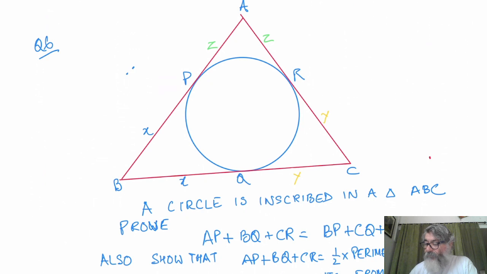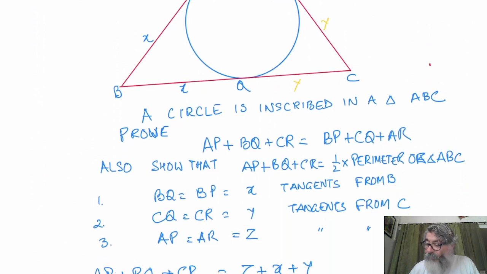Then CQ is equal to CR by the same logic. C is an exterior point. From C I am drawing two tangents, CQ and CR, and they will be of equal length. CQ will be equal to CR, which is Y, and AP will be equal to AR, which will be Z.